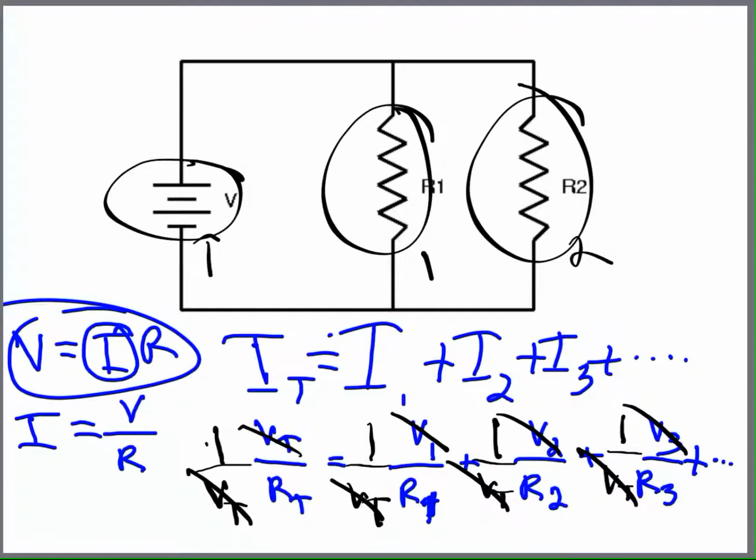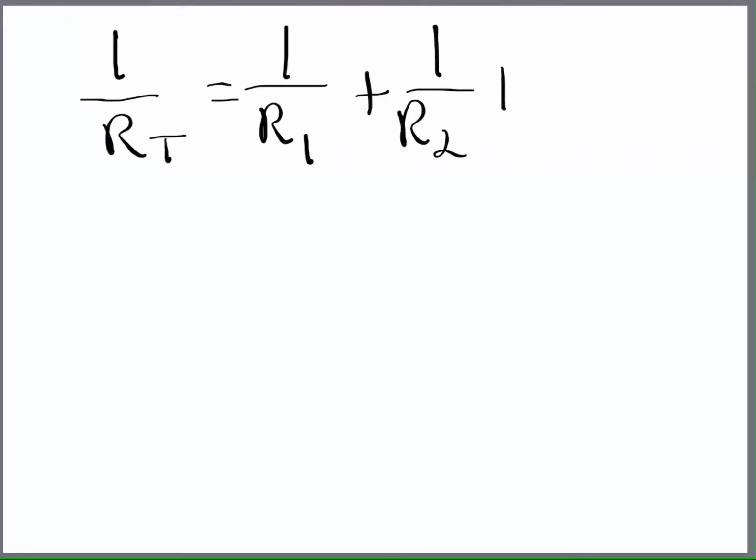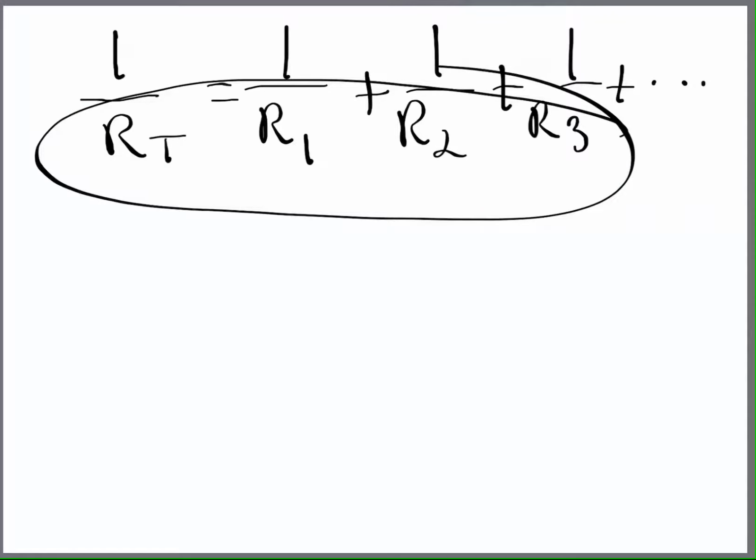So what we end up with is a formula that says 1 over R total is equal to 1 over R1 plus 1 over R2 plus 1 over R3 plus ... Now, before you say, well, how is that any different than R total equals R1 plus R2 plus R3? Isn't that the same thing?